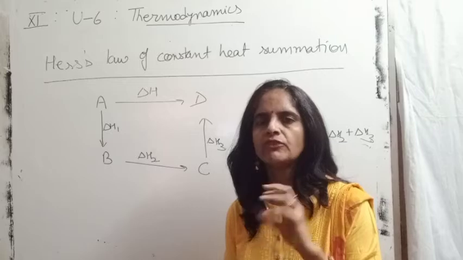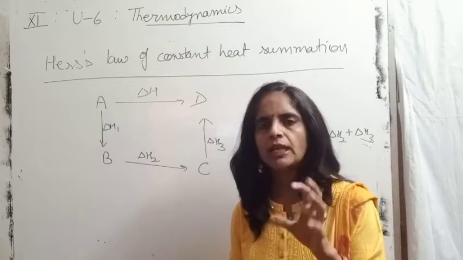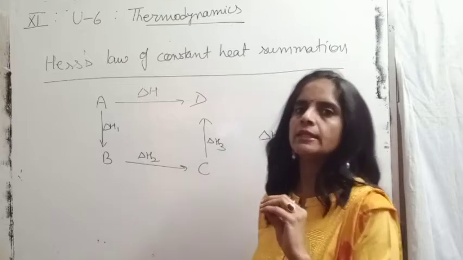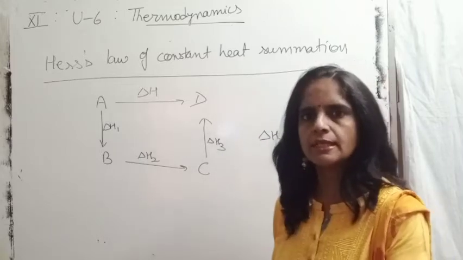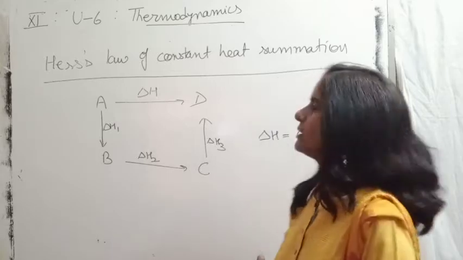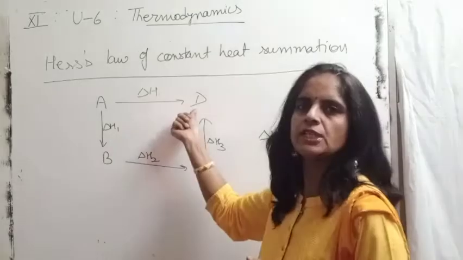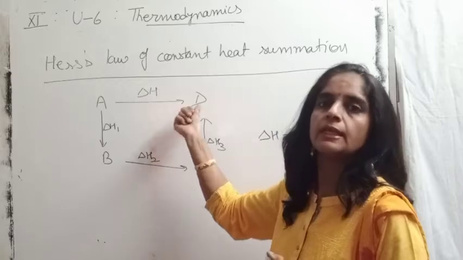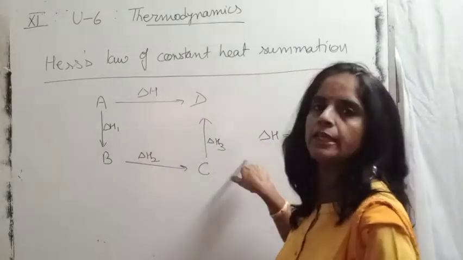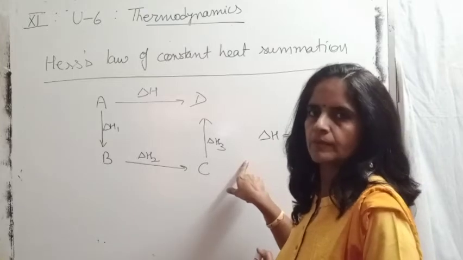This is one way to define Hess law. The total amount of heat change always remains the same whether the process takes place in single step or multiple steps. Or we can say the overall enthalpy change of a process is the sum of enthalpy change of individual steps.